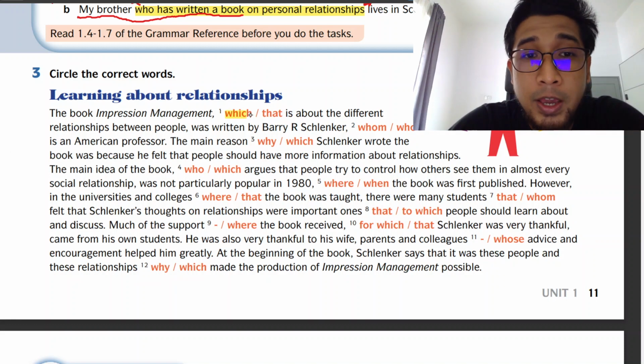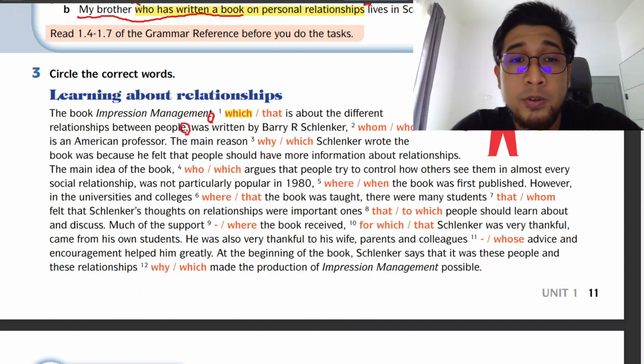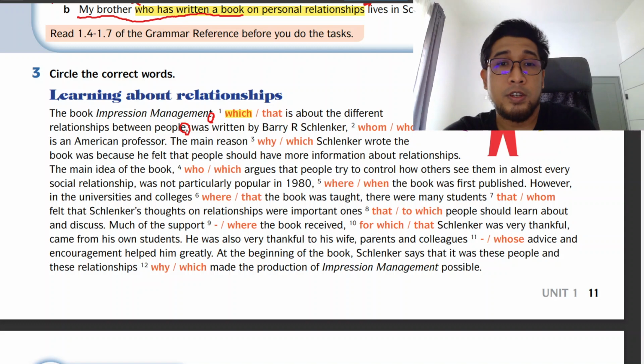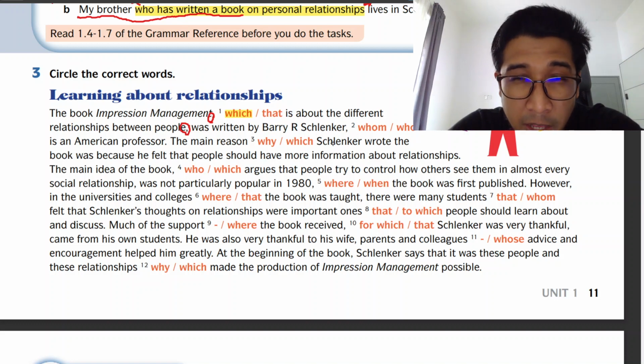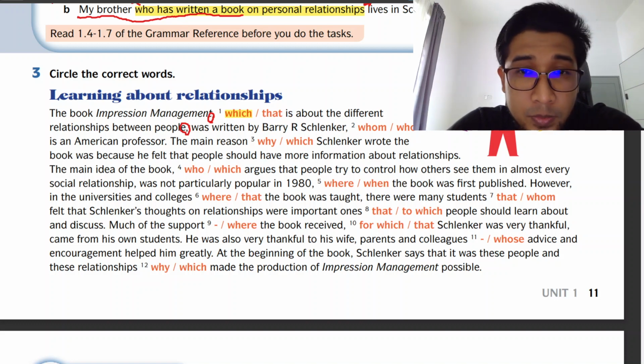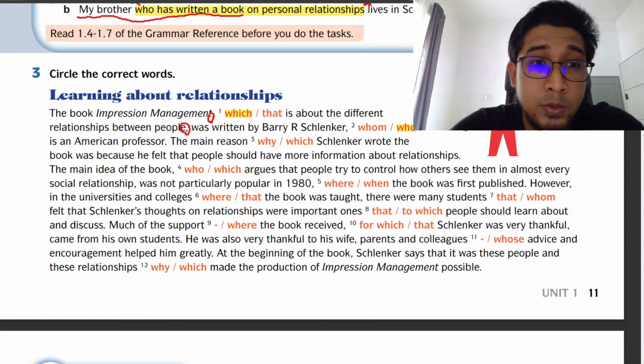Kita tak boleh guna that sebabnya I told you before, bila kita ada yang comma ni tadi kan, you cannot use that, kena gunakan which. Was written by Barry R. Schlenker, who is an American professor. Who or whom? Okay, we know that kalau nak guna whom, kita kena ada to. So the answer is who.